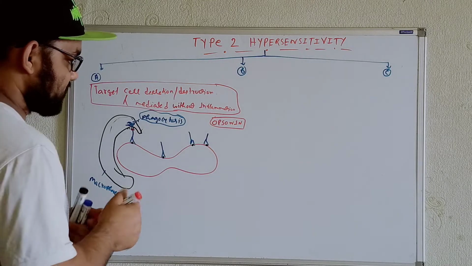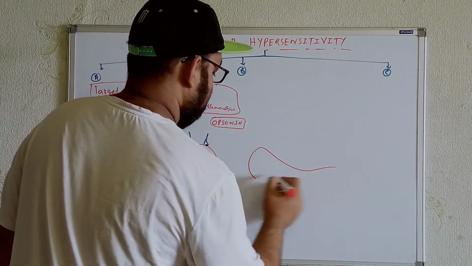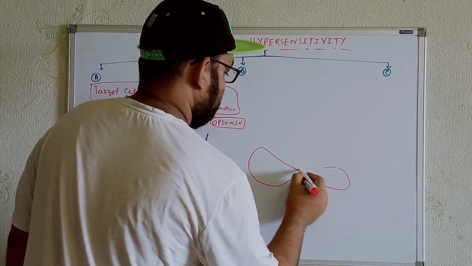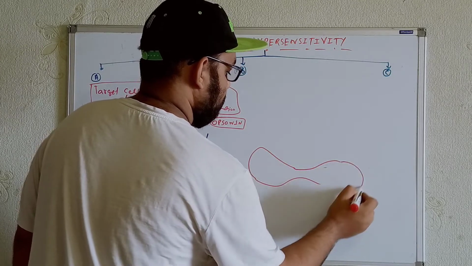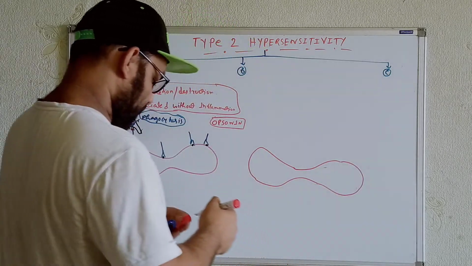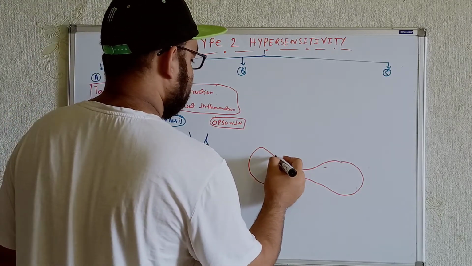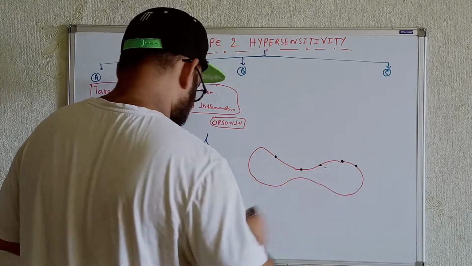Second type of thing: for example, this is the RBC over here, and we are getting different kinds of surface antigens over here.